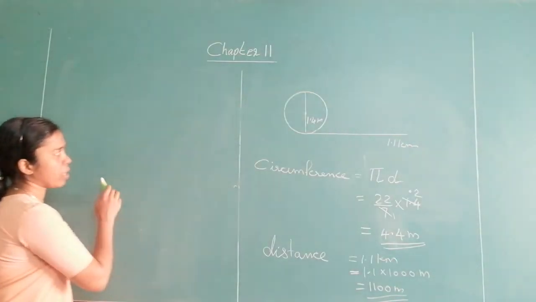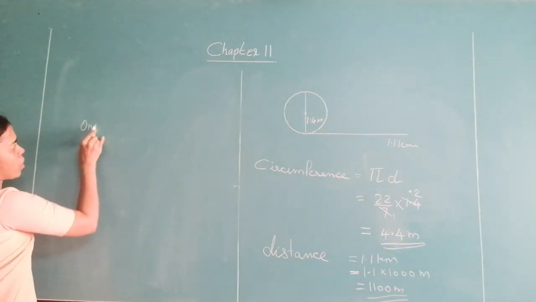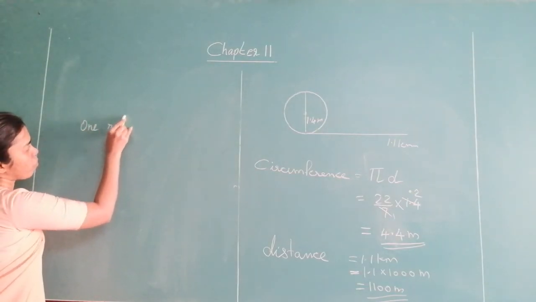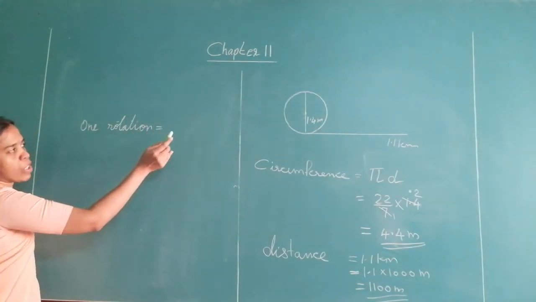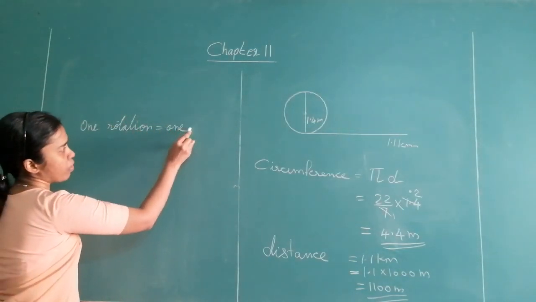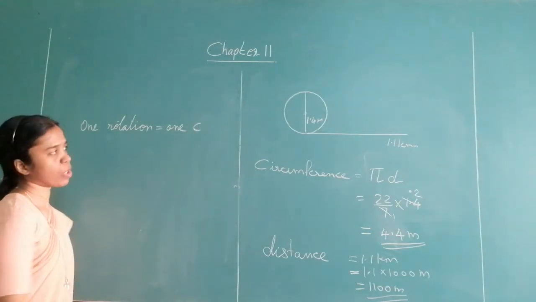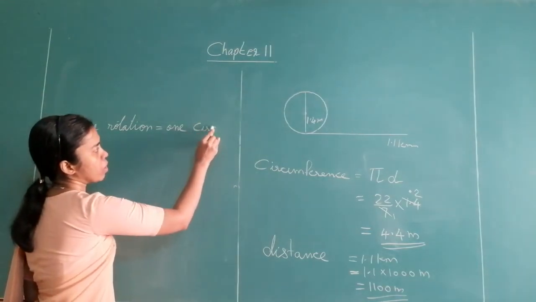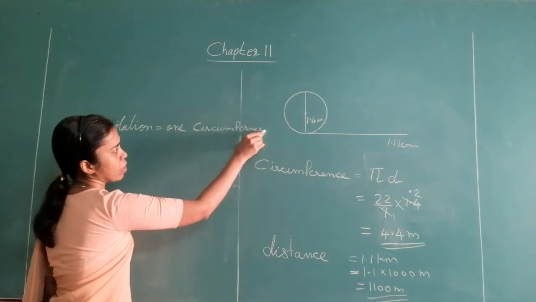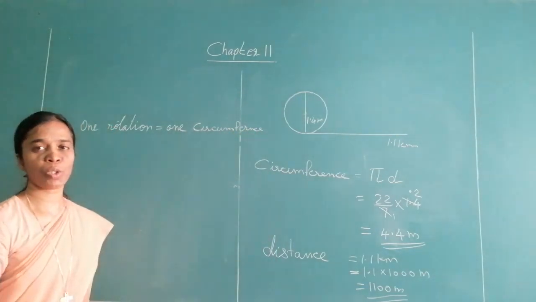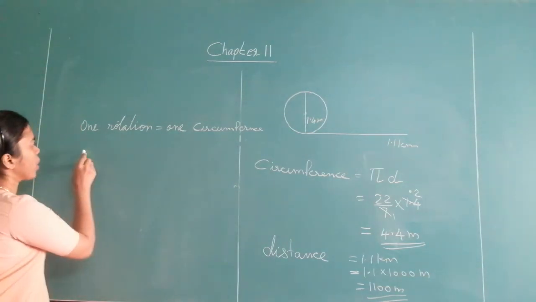Okay. Now you write one rotation. One rotation is equal to one circumference. One rotation is equal to, please write it complete. One rotation is equal to one circumference.